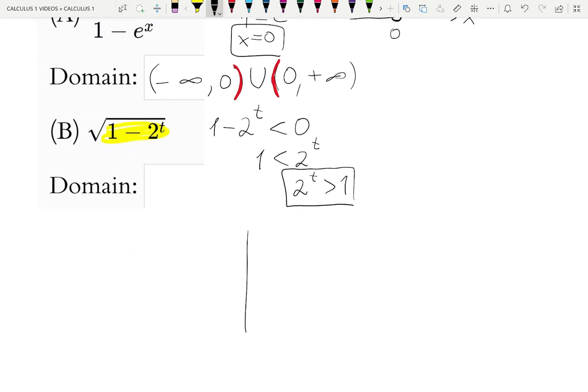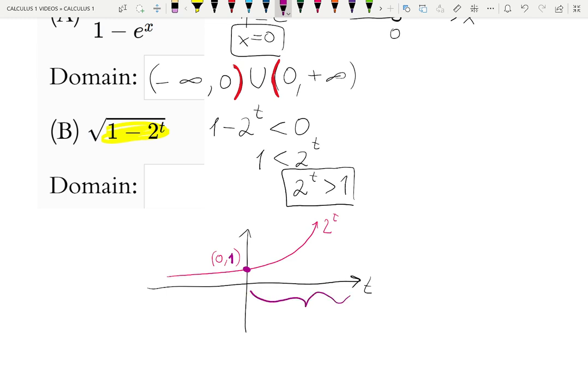Well, there are several ways of doing it. I'll show you graphically. When t is the input, the graph of the function 2 to the t looks like so. There's a point here called (0, 1). Thus, this height is 1. Thus, at this specific moment, 2 to the t equals 1.